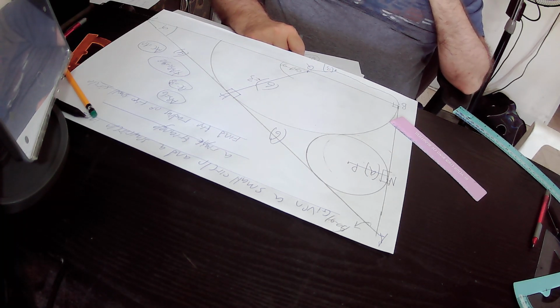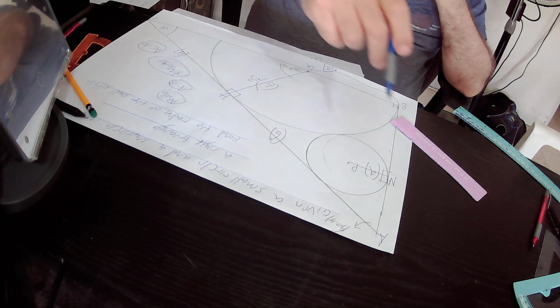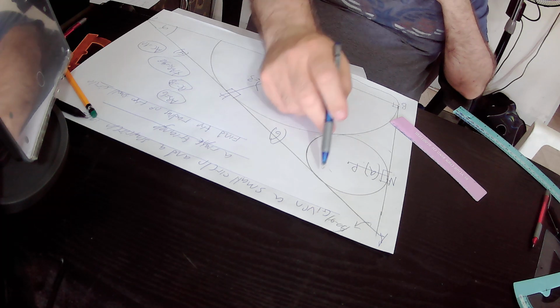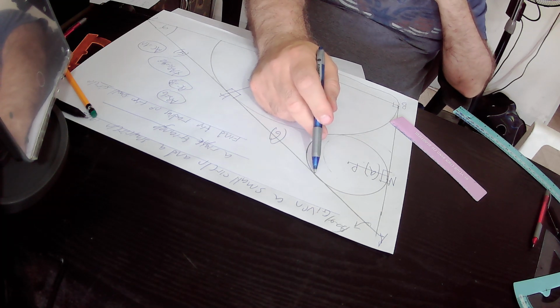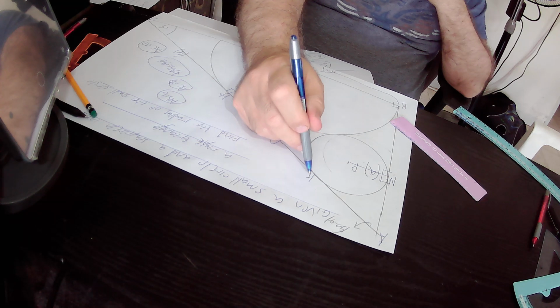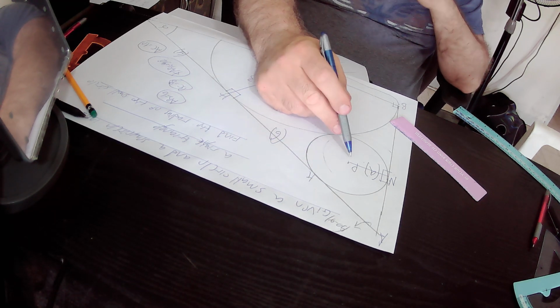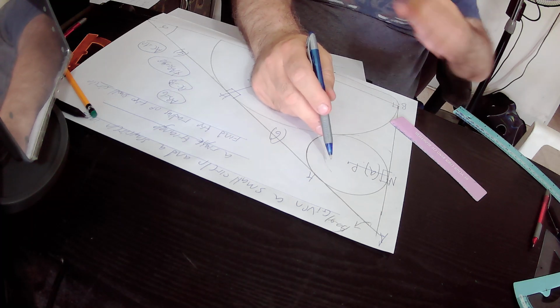We will define the point of tangency of tangent AC with this small circle, this point, as point K. We join points P and K together by a straight line.